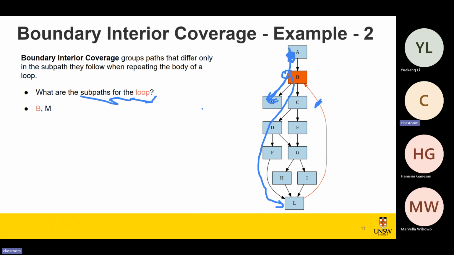So the second one is B, C, D, F, L, and then we go back to B. And the third one is, our last branching point is D here, right? So instead of exploring the left-hand side of B, we can explore the right-hand side of B. And when we encounter G, we explore the left-hand side first.